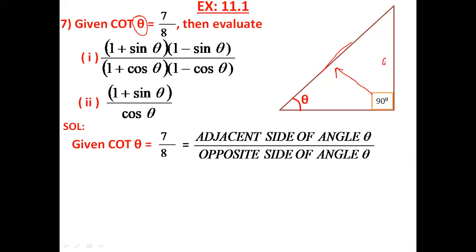This side is the opposite side of angle theta. This is the adjacent side to the angle theta. Suppose you write theta here, then the opposite and adjacent sides would change.